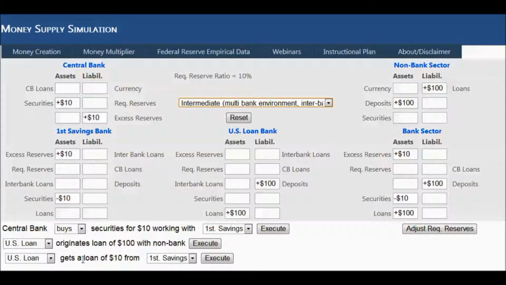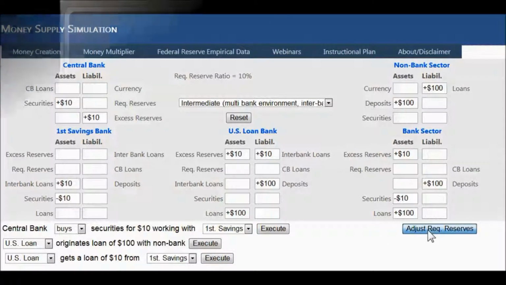If at the federal funds market, US Loan gets a loan of $10 from First Savings, then the excess reserves from First Savings will be transferred to US Loan and they are able to fulfill their required reserves.